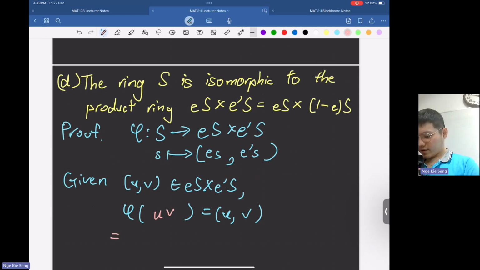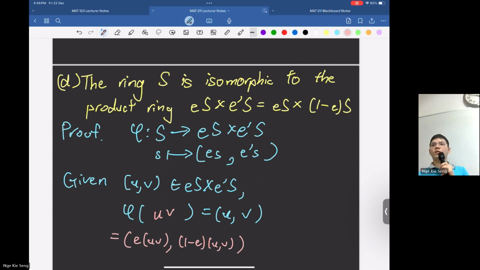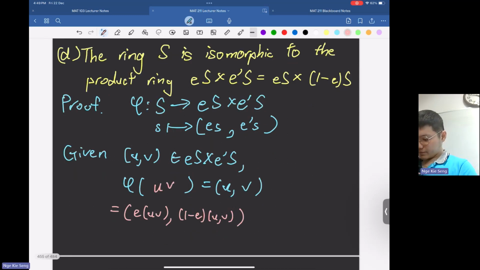So what is u, v? E times u, v and 1 minus E times u, v. But what are u and v? u and v are elements in EX and E'X respectively. So I can write u and v in a more specific form involving E.